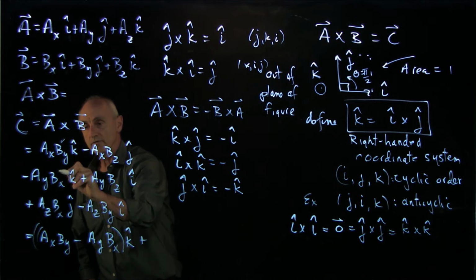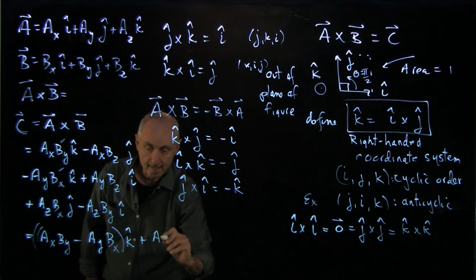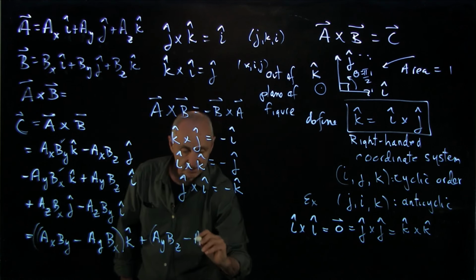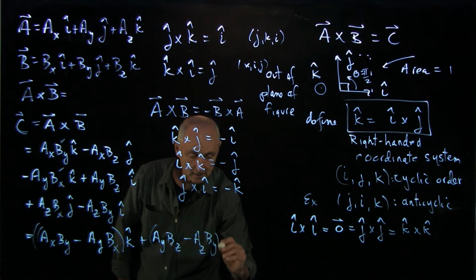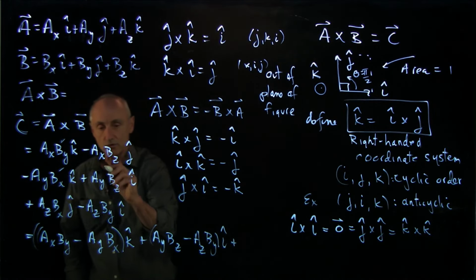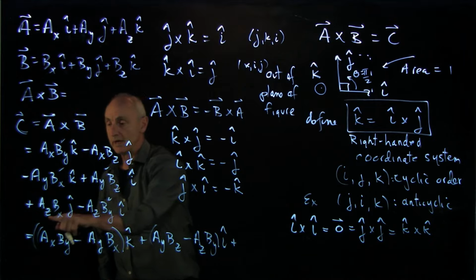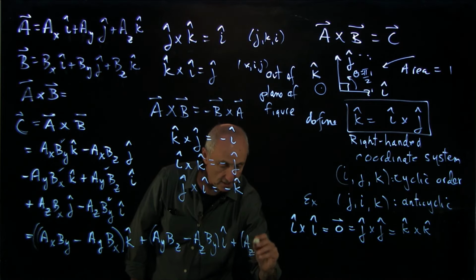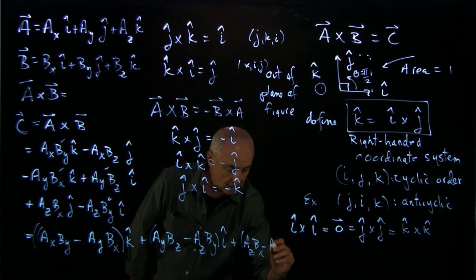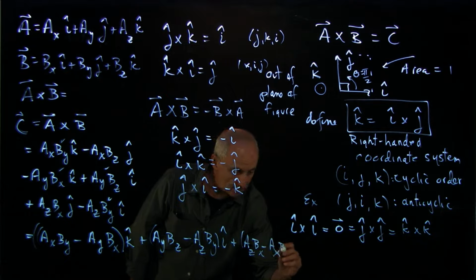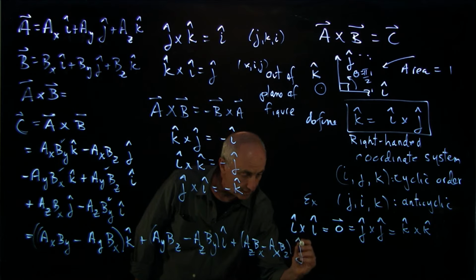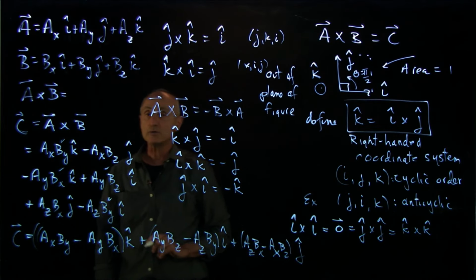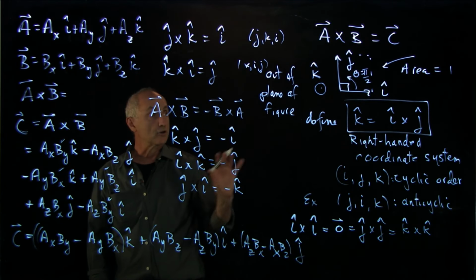We have ay bz minus az by i hat. And lastly, we have az bx minus ax bz, and that's j hat. And that's how we calculate the cross product in Cartesian coordinates.